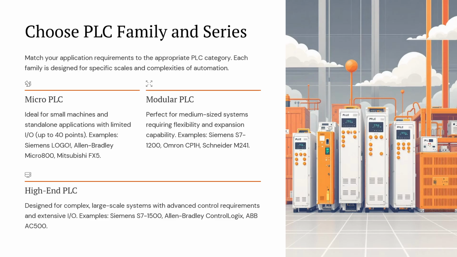For medium machines, we can go for modular PLCs like S7 1200 or Omron CP1H. For complex and large projects, high-end PLCs such as S7 1500 or ControlLogix PLC, we can select for high-end PLC application.